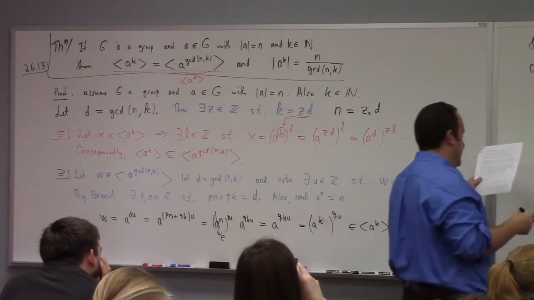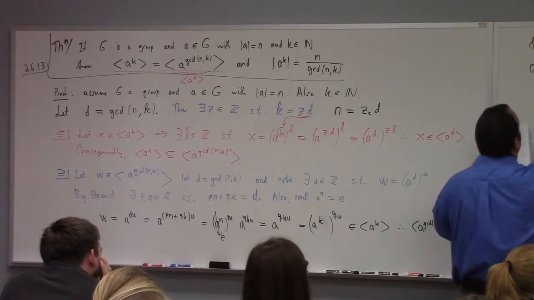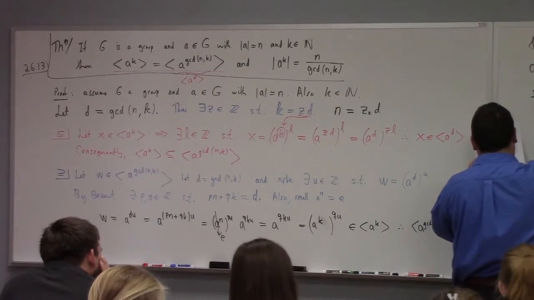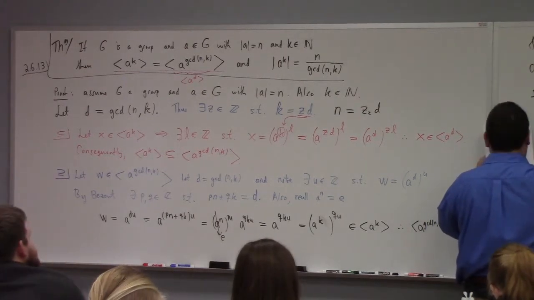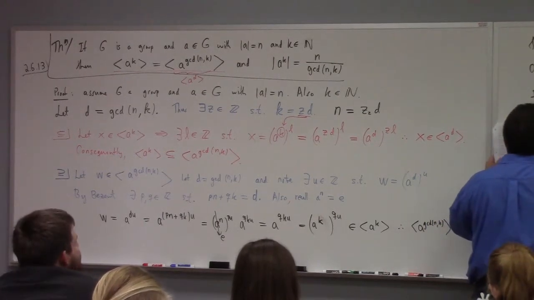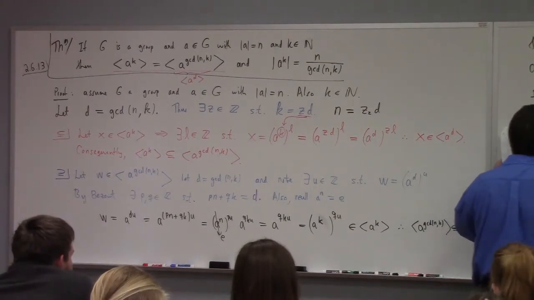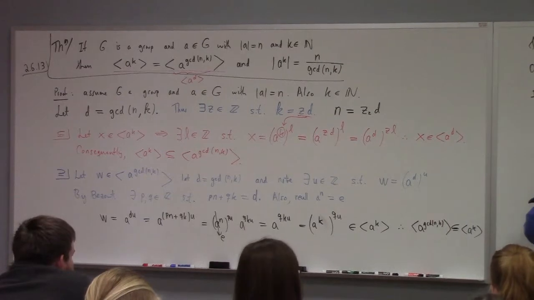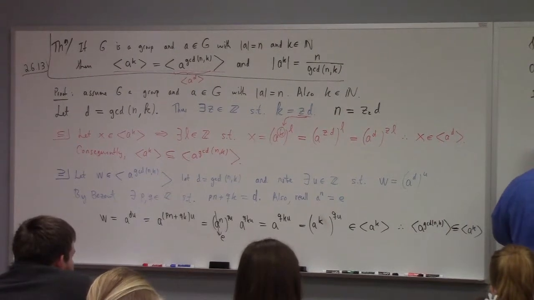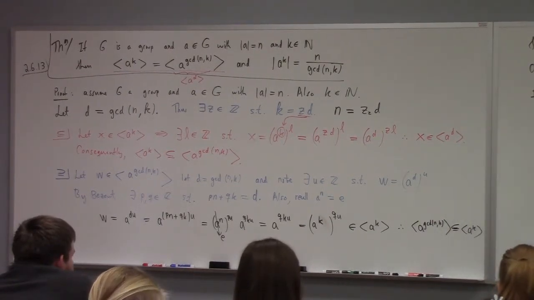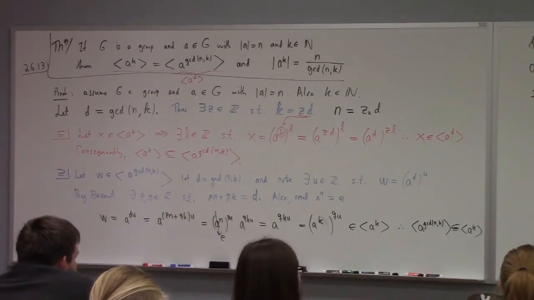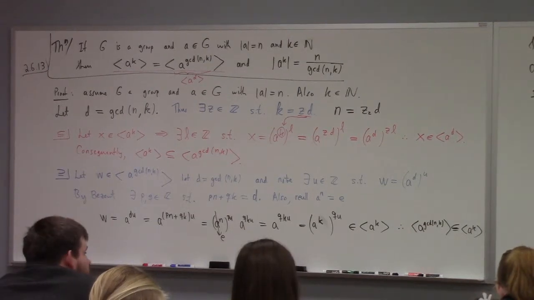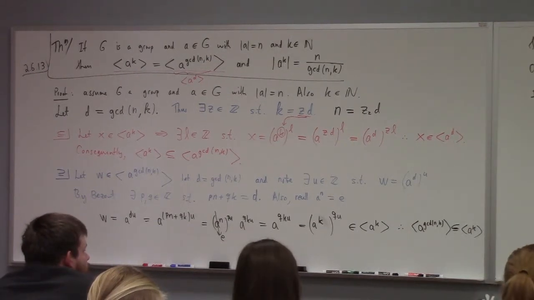Right, stick with me here. There's something sneaky going on. If 0 less than i less than n over d, then what? Then certainly di is less than n. All right, I'll buy that. So a to the di is what? Well, a to the d to the i, which is a to the di, is not equal to e.